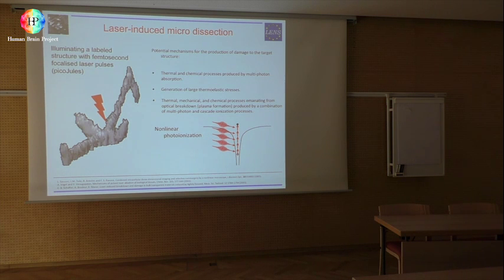And those kinds of processes may differ. Maybe a nonlinear photoionization, maybe thermoelastic effects, at very, very high power. But at moderate power, which is what we are using, you have a photochemical effect.